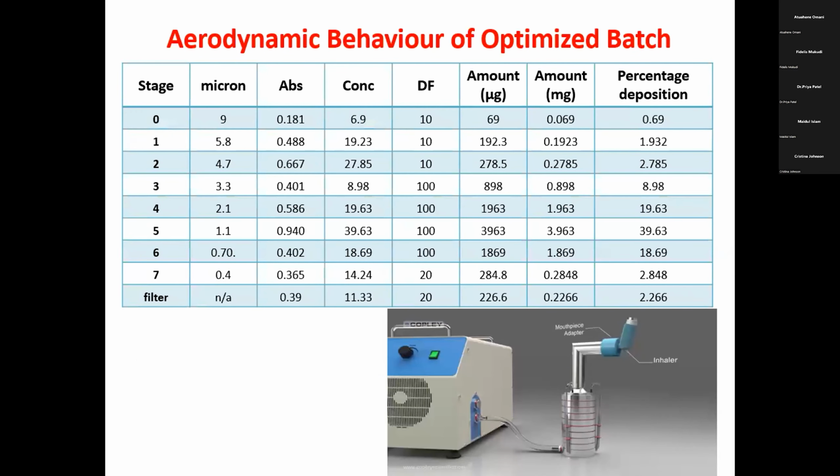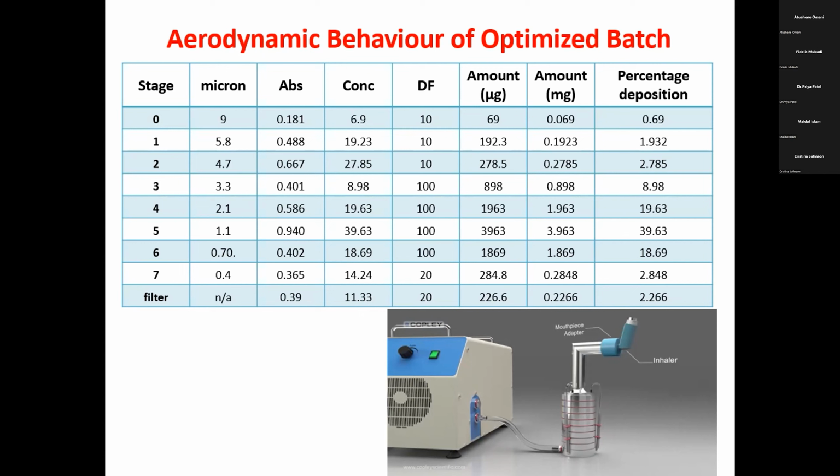The most important thing is the aerodynamic behavior, because ultimately our inhaler works directly with the aerodynamic behavior. We did the aerodynamic study with the cascade impactor instrument, and by seeing the data we came to know that the maximum amount of drug reached stages 4, 5 and 6.